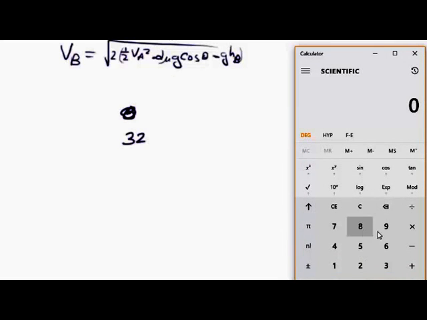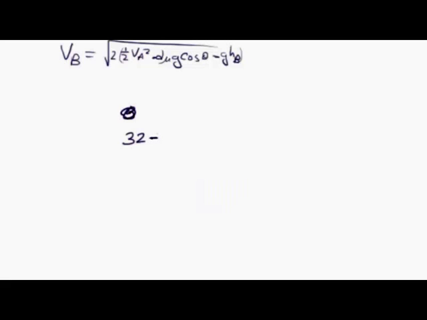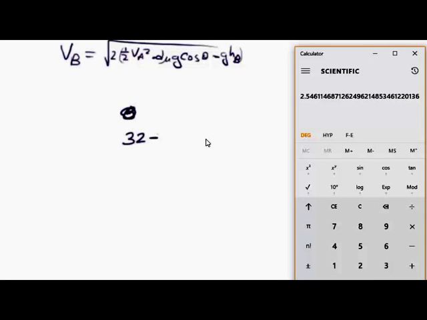Cosine of 30 is 0.866. Cosine of 30 times 9.8 times mu times the distance is 2.546.